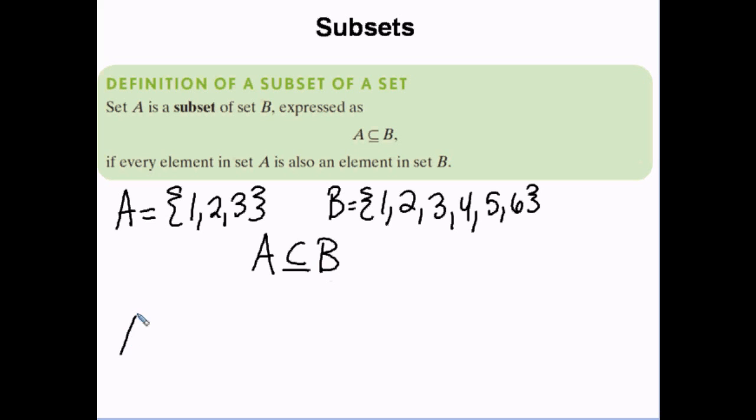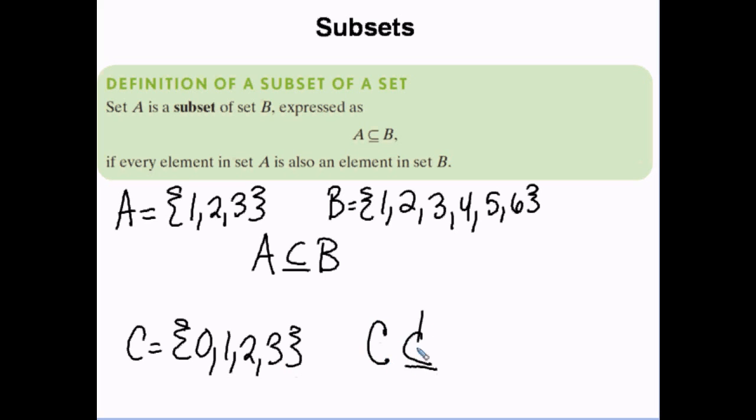Okay, let's not make it set A, let's make it set C. Okay, set C is 0, 1, 2, 3. 0 is in C, but it's not in B. So set C is not a subset of B. Even though most of the elements are in there, because I added this 0 in there, which is not in B, it's no longer a subset.